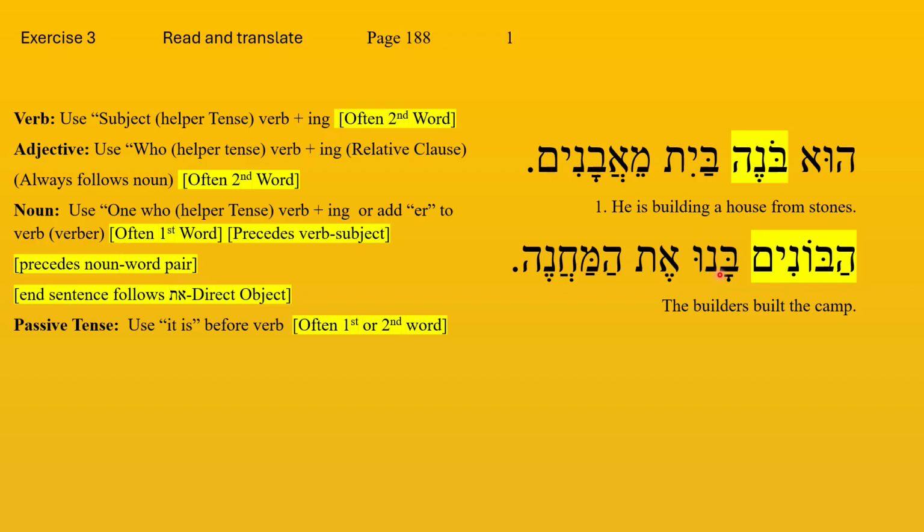So you go with whatever tense you see in the context of the sentence. So you could translate this as the ones who were building built the camp. Or if you just say the builders, that eliminates the need to deal with the tense at all. Okay?